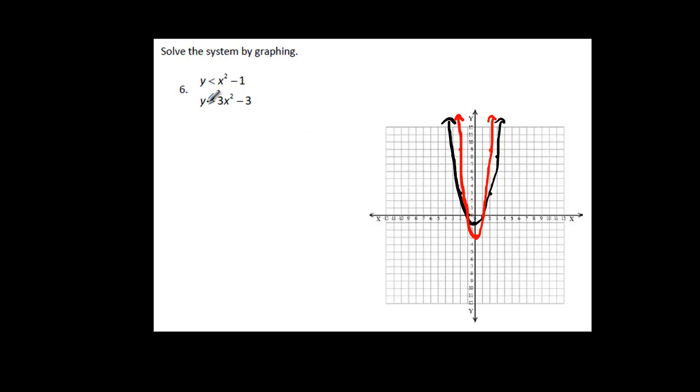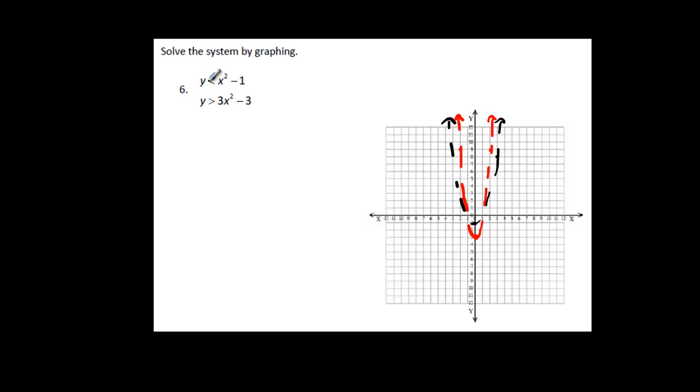Okay, now if you can, and there you go, I did it again. These should both be dotted lines. So let me just do a little cheat way of doing it. Okay, they're dotted lines because they're not equal to. So the area that is going to be the solution area, if you think about it, this is the black one.